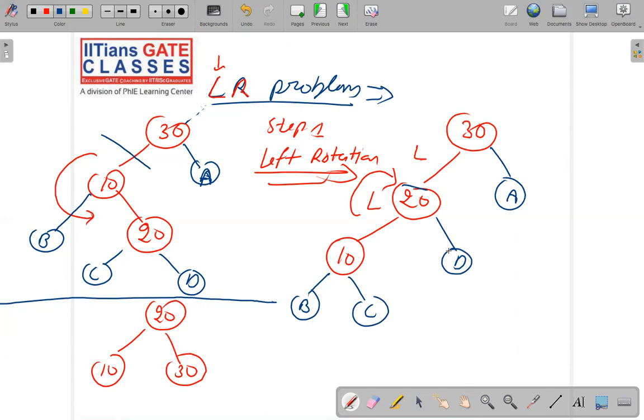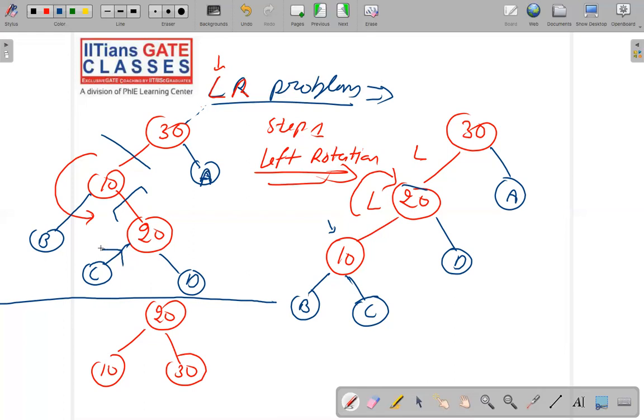Now you can see what happened. On the left side of 20, previously we had C. After rotation, on the left side, 10 will come. So C has to become the right child of 20, because in the original tree, C lies on the right side of 10 and on the left side of 20.